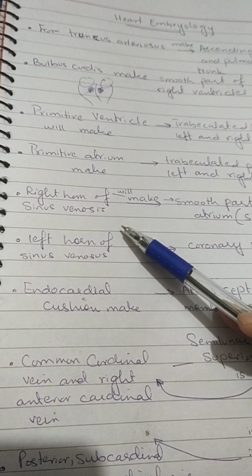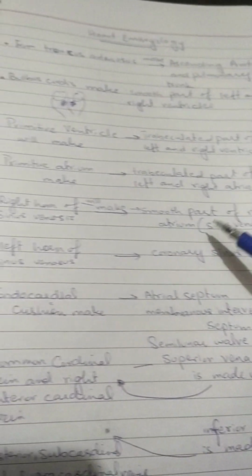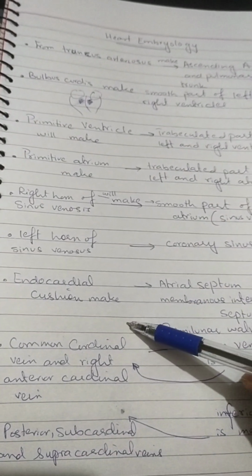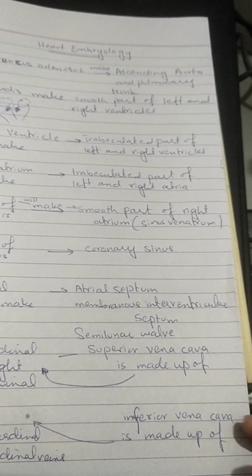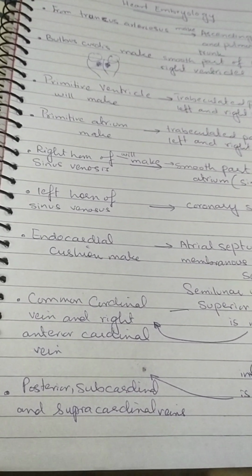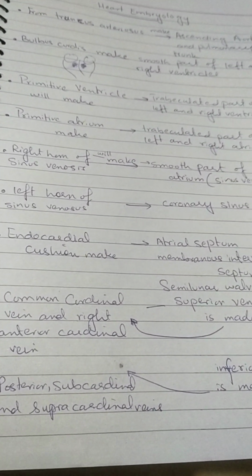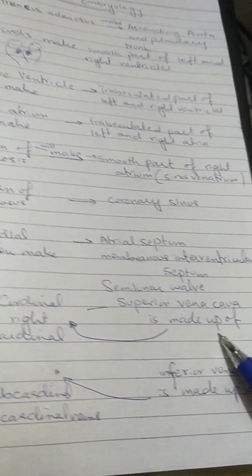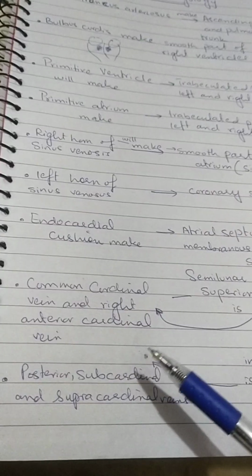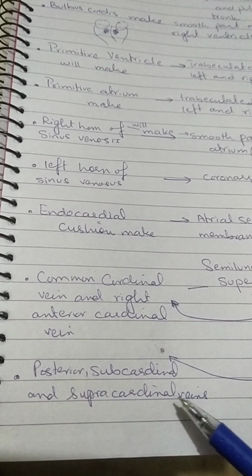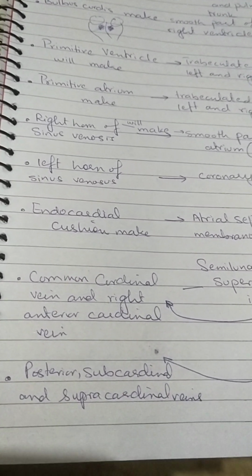Right horn of sinus venosus makes the smooth part of the right atrium. Left horn of sinus venosus makes the coronary sinus. Endocardial cushions make the atrial septum and membranous interventricular septum. Common cardinal vein and right anterior cardinal vein make the superior vena cava. Inferior vena cava is made up of the posterior cardinal, subcardinal and supracardinal veins.